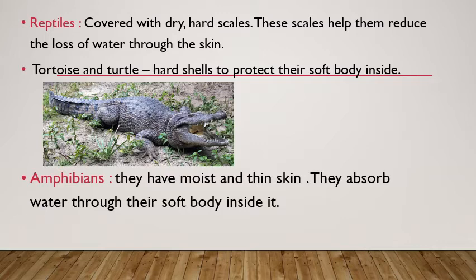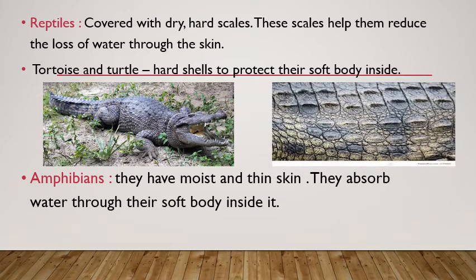The skin is very tough and very hard, which helps them reduce the loss of water through their skin. Because they cannot drink a lot of water, they have to reduce the loss of water. The water should not get evaporated from their body. You might have seen that tortoise or turtle have a very hard shell which protects their soft body.